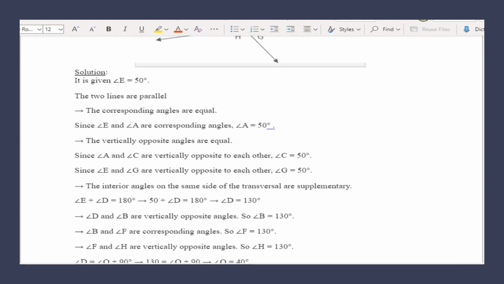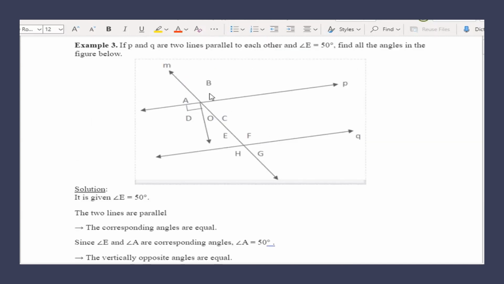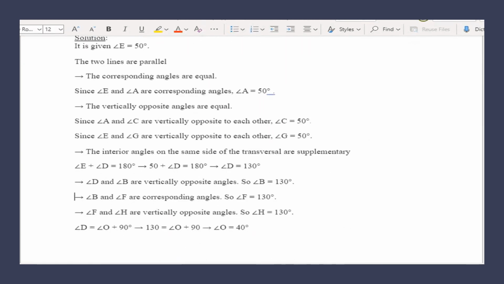And I imagine the next part, B and F are corresponding. So B is top right of line P. This F is top right of line Q. Notice the lines and then the transversal. So there's really an upside down F there. Okay.